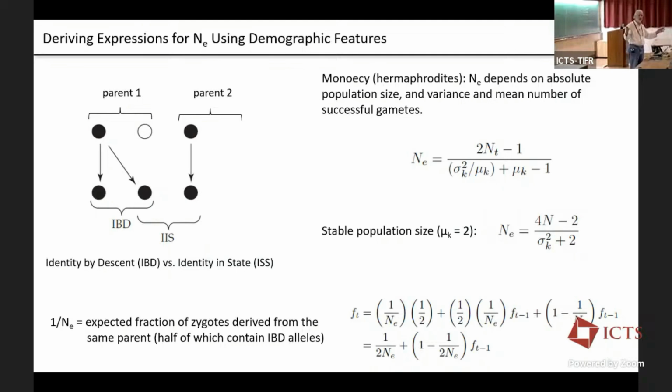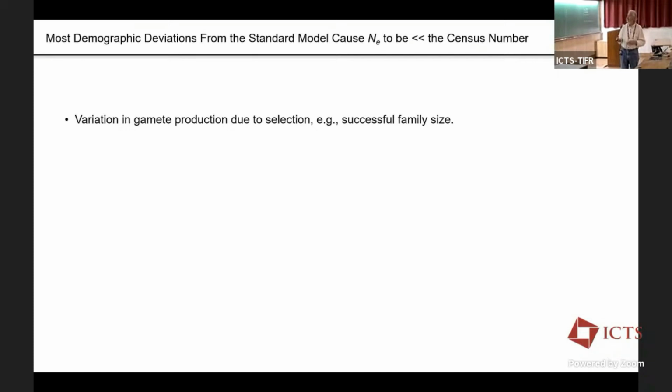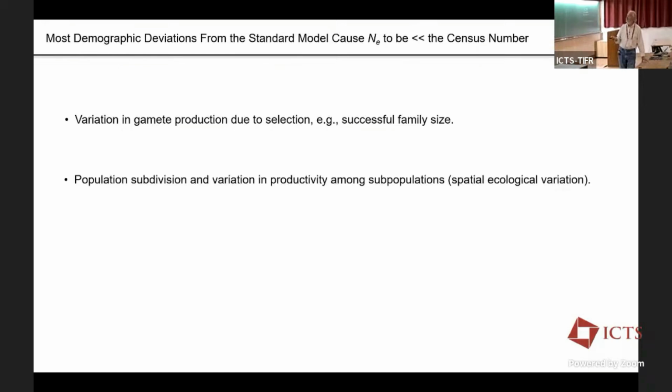There's lots and lots of formulas like this for different kinds of breeding systems. And I won't go into those, but I just want to summarize what influences demographically effective population size. Almost everything you think about demography reduces Ne relative to the absolute head count. So as I already said, variation in gamete production, that could be due to selection, will cause a reduction in the effective population size.